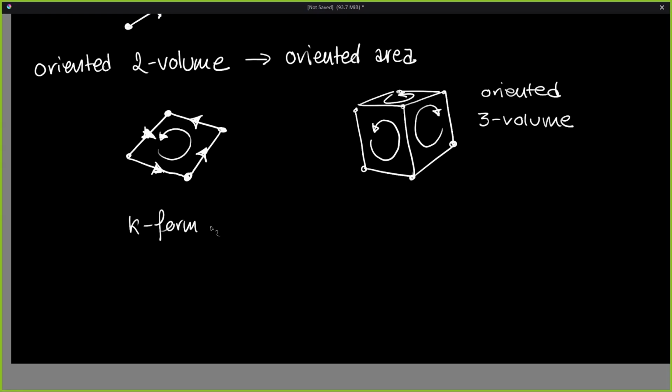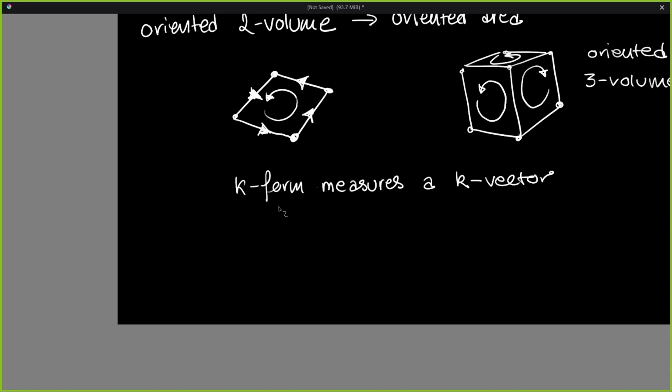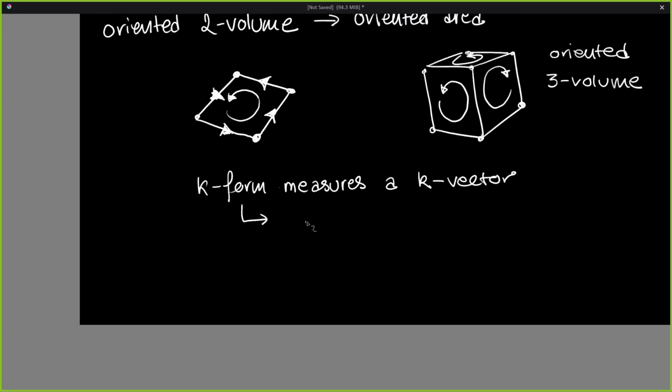So a K-form measures a K volume or a K vector. And the thing it measures is assigned a signed k volume, right?